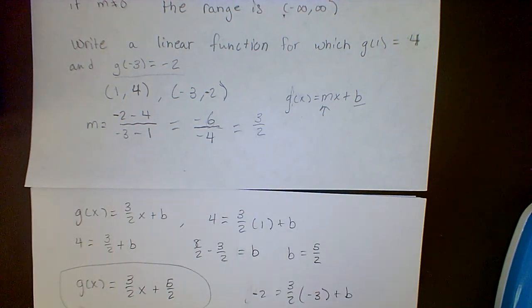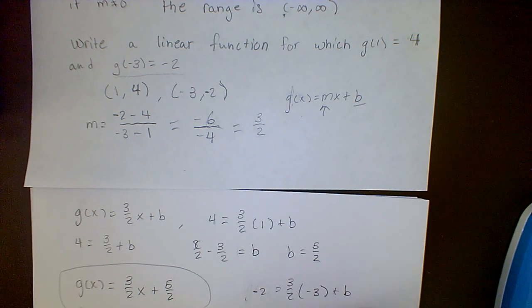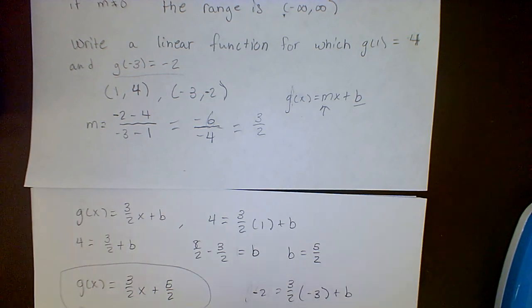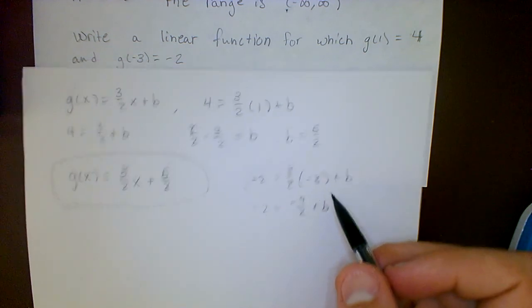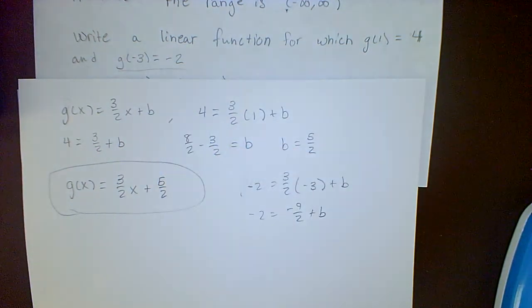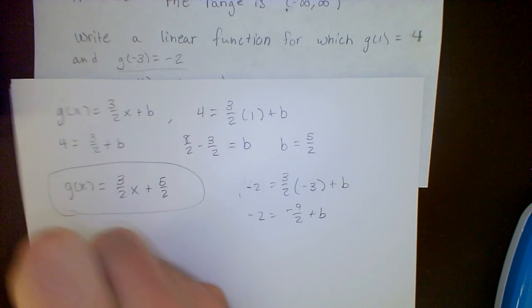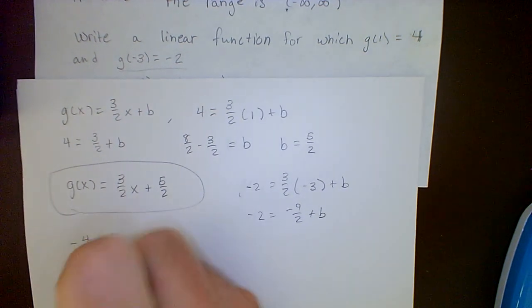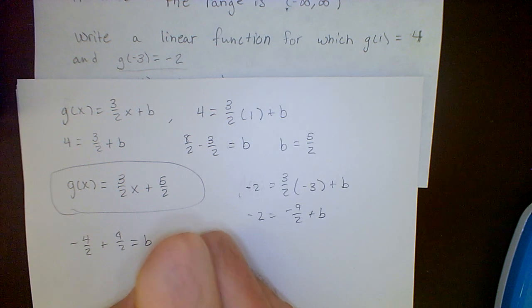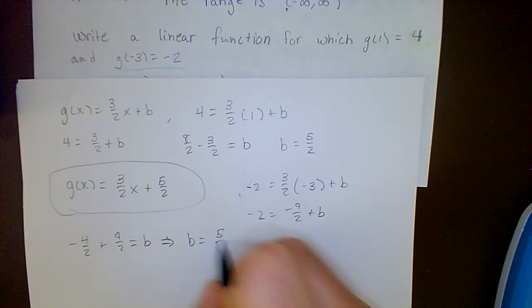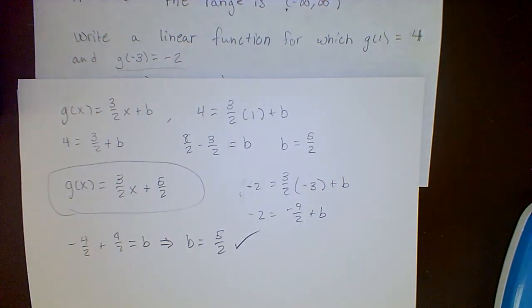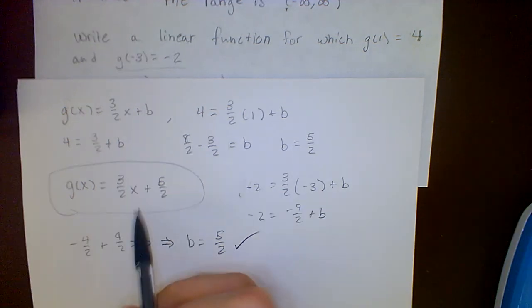So negative 2 equals 3 halves times negative 3 plus b. That was our other point, g of negative 3 equals negative 2. So this is negative 4 halves plus 9 halves equals b, which says that b is equal to 5 halves. So they work out. That's how, if someone gives you 2 points, you can write an equation of the line that connects the 2 points.